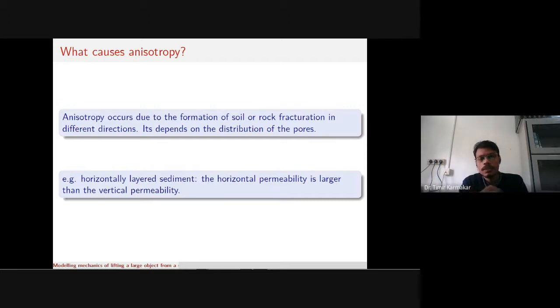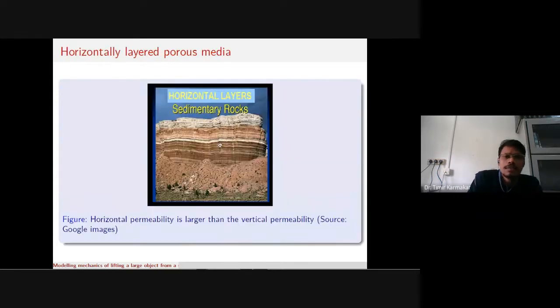If this is formed, that total porous media we can call a horizontally layered medium. In a horizontally layered medium, your horizontal permeability will be larger than the vertical permeability. So here you can say this sediment is formed with horizontally layered rock. In this case, your horizontal permeability will be larger than the vertical permeability.